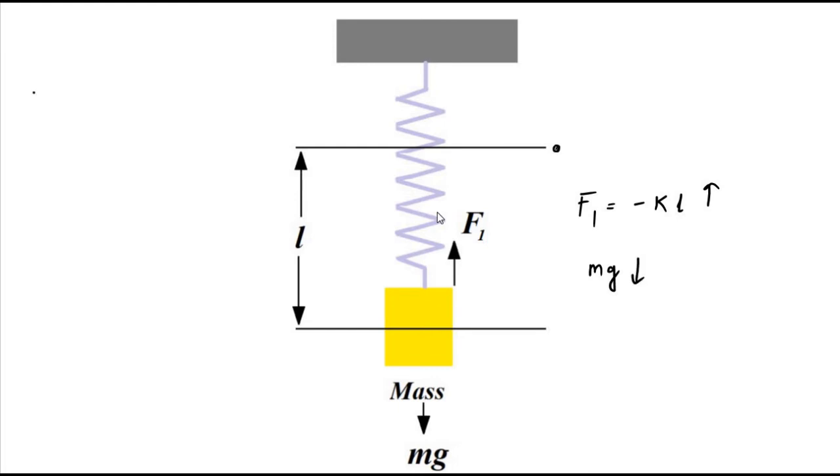The net force acting on the system in the final equilibrium position is given by minus KL plus mg, which is equal to 0, because the net force acting on it is 0. Only then can we call it the equilibrium position.